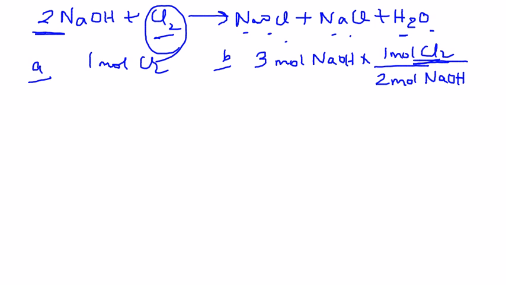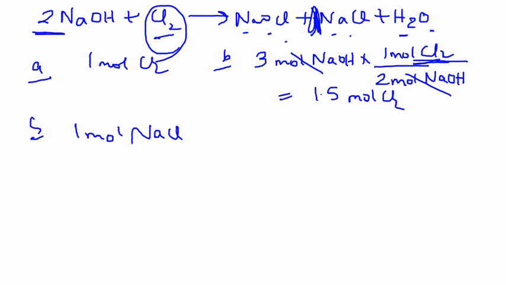So I'm just going to put it in the dimensional analysis method. That will give me an answer of 1.5 moles Cl2. The third question is, how many moles of NaCl are formed? Guess what? When there is no number, that basically means that the number is 1. So we have only 1 mole of NaCl that gets formed in this reaction.